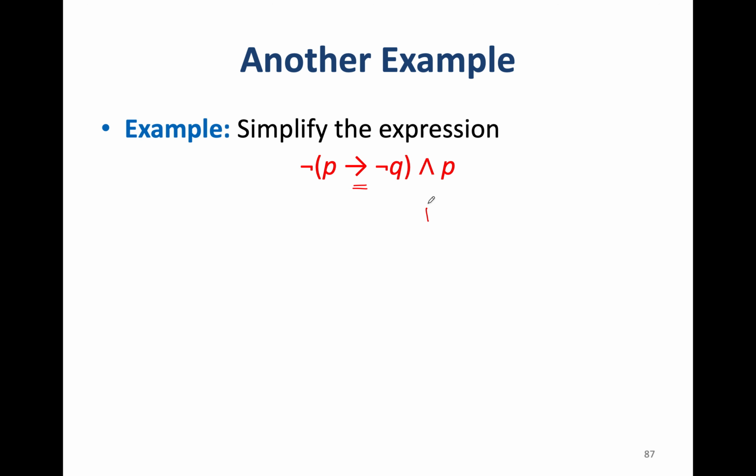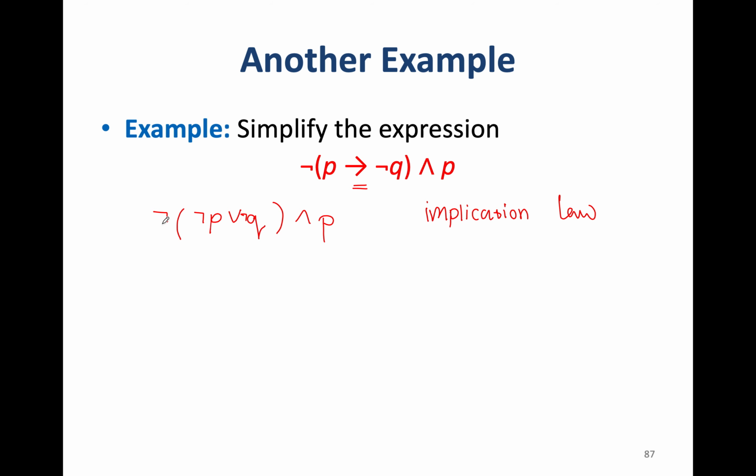Now, by using the implication law, we can have this expression as not P or Q, I'm sorry, it is not, and P. So by using the implication law, we get not P or not Q and P.